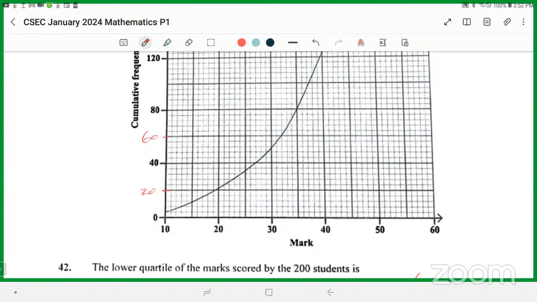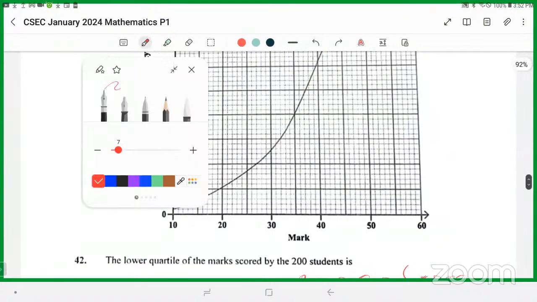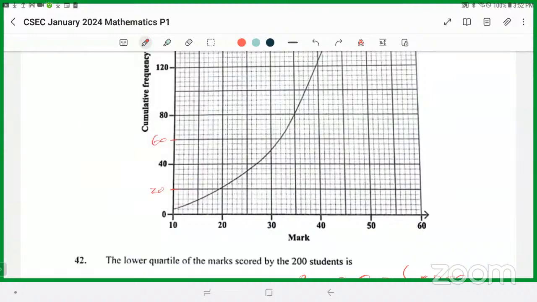We're looking for 50. Our Q1 is in between here. So that's where Q1 is. Between 40 and 60 is 50, right in here, right on this line. That's 50, that's the position of Q1.